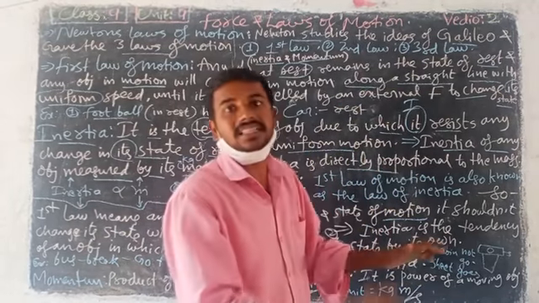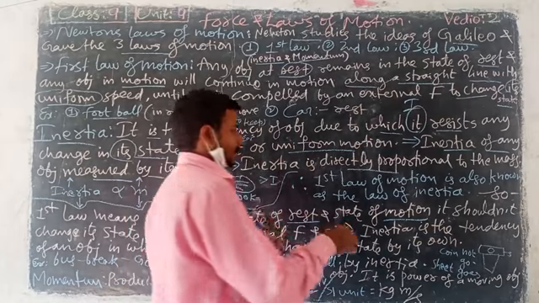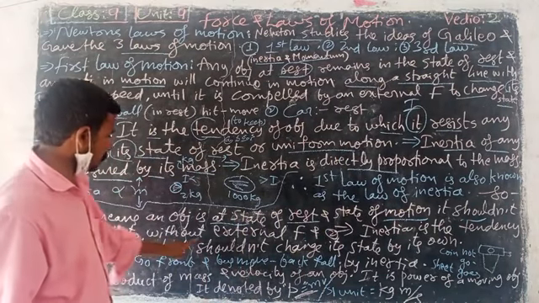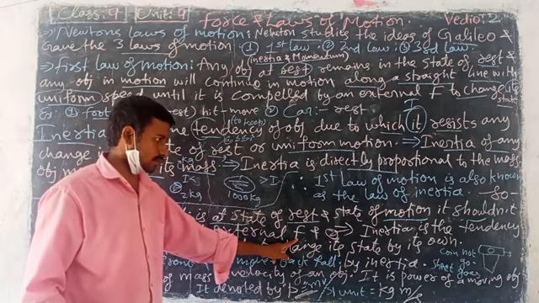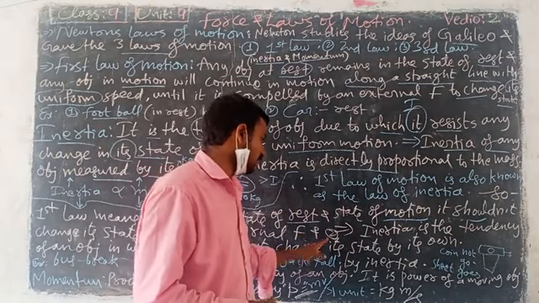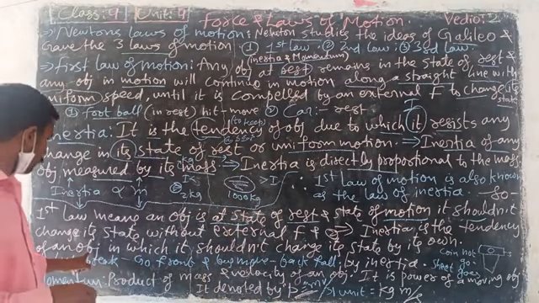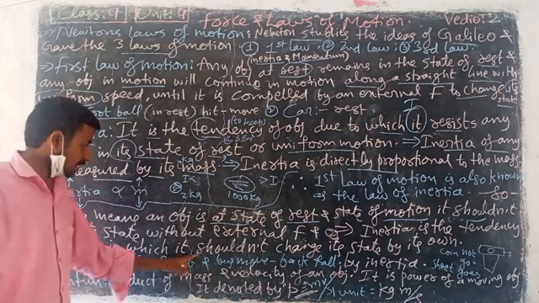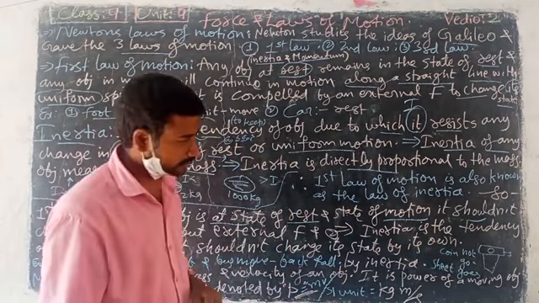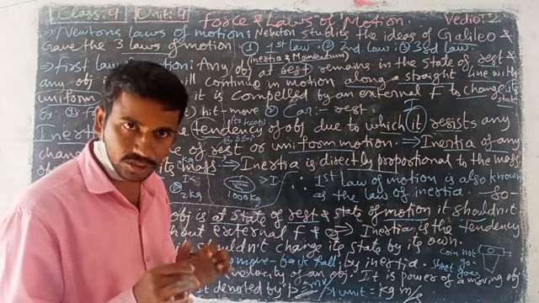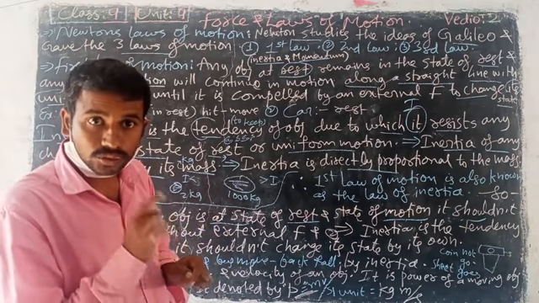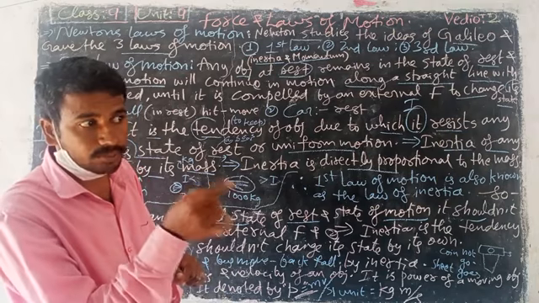Inertia and the first law both say the object should not change its state without external force. Inertia is the tendency of an object by which it should not change its state on its own, so a resting object should not move, and a uniformly moving object should not come to rest.